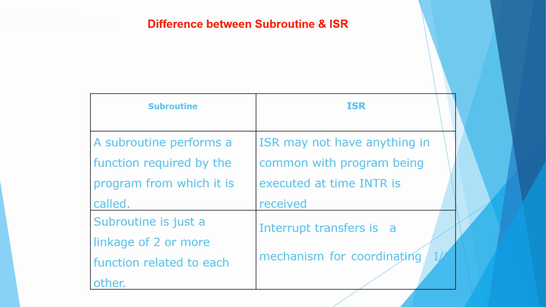But an ISR may not have anything in common with the program being executed at the time INTR is received. The second difference is that a subroutine is just a linkage of two or more functions related to each other. But interrupt transfer is a mechanism for coordination of IO devices.